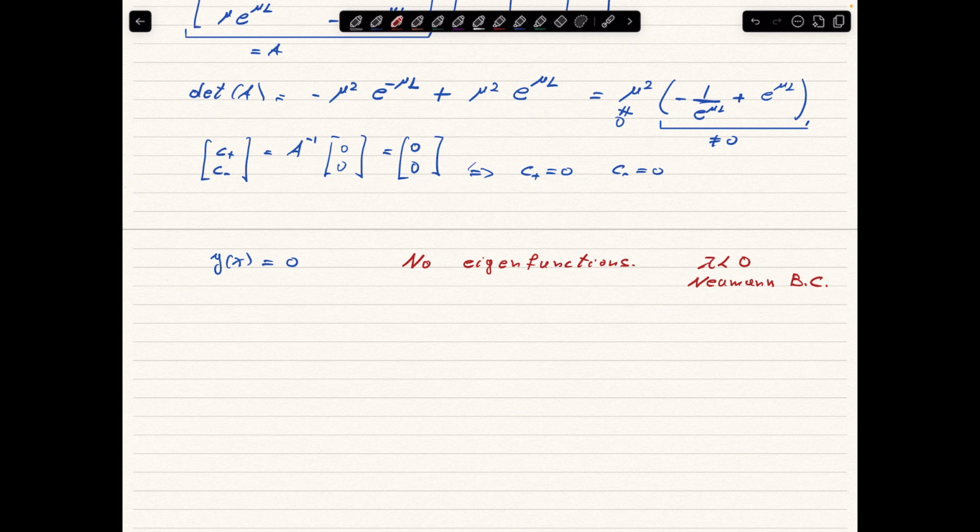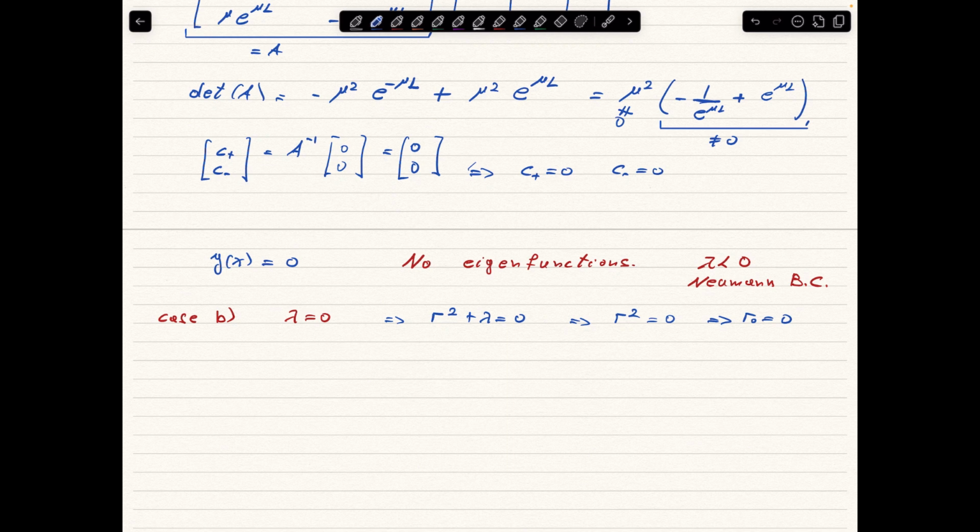Okay, but we have two more cases to go. So let's go to case B, which is lambda equals 0. Well, for lambda equals 0, this is easy. We need to solve the characteristic equation, which is going to be r squared equals 0, which means that we have a repeated root r equals 0.